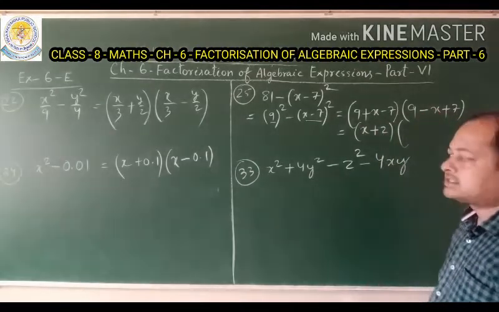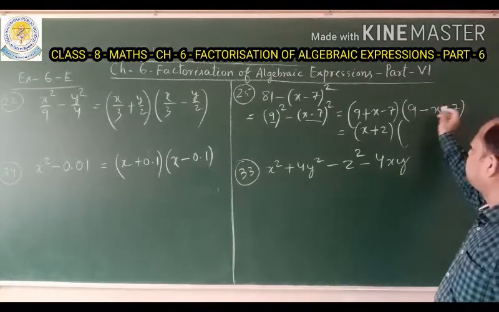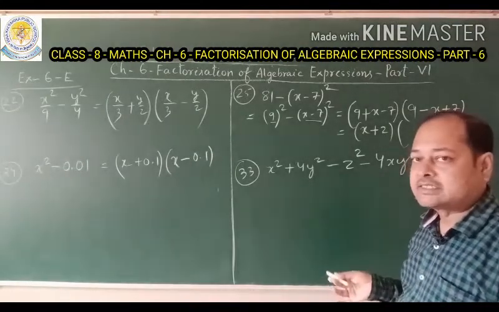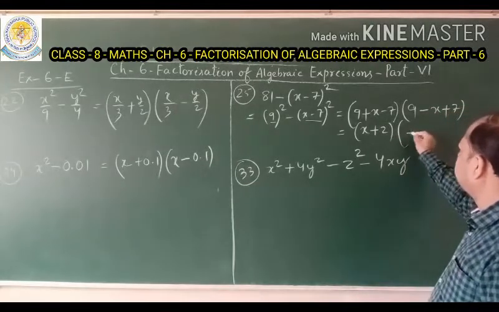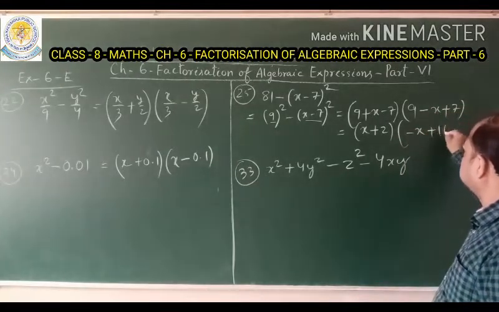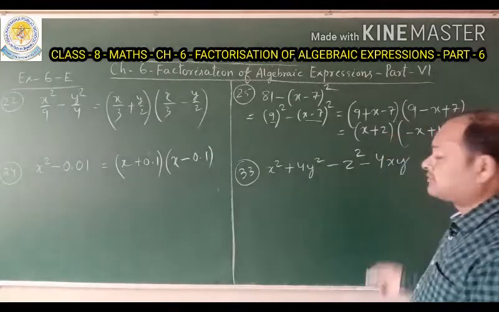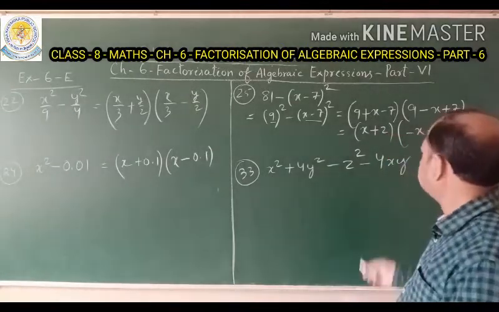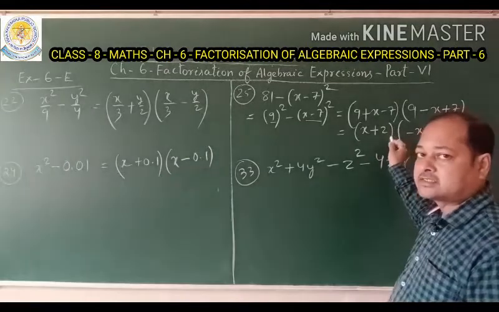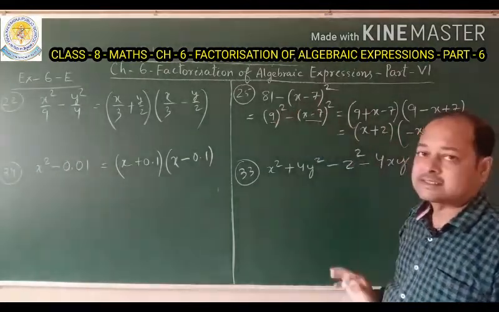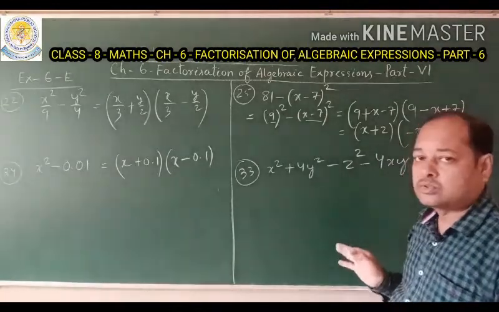And look at this factor, 9 plus 7. If you add 9 plus 7, we get 16. So the new term will be minus x plus 16. So one factor is x plus 2 and another factor is minus x plus 16. These are the two factors of the algebraic expression 81 minus (x minus 7) whole square.